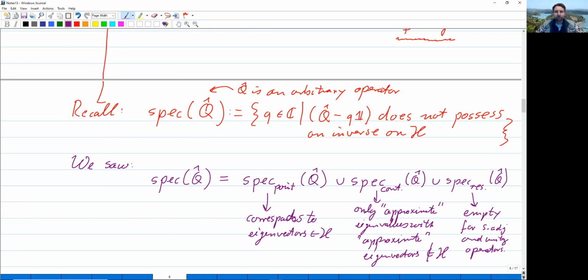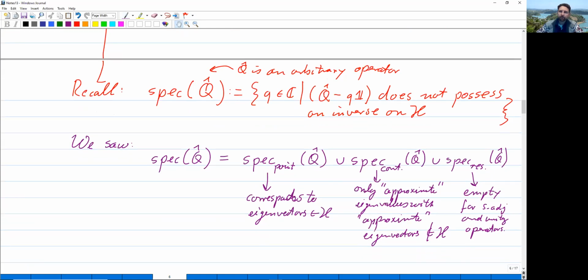But it's good to keep that in mind, that it exists in principle, because in quantum theory, we do not only have self-adjoint and unitary operators. Other operators do occur. For example, remember those A and A dagger operators that we had before? They're not self-adjoint. They're not unitary either. Okay.